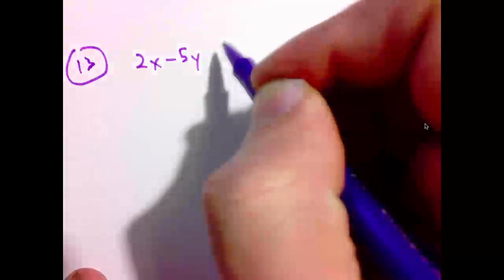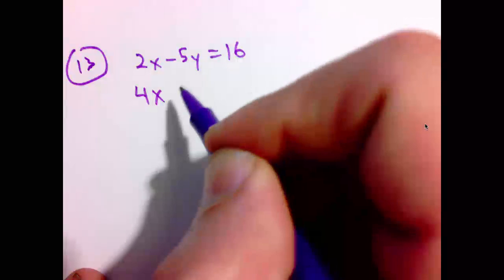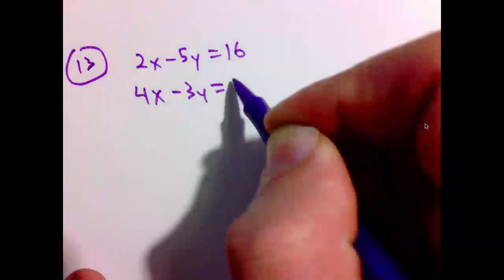I'm looking at problem number 13. All right, 13 gives you the system 2x minus 5y equals 16, and 4x minus 3y equals 11.